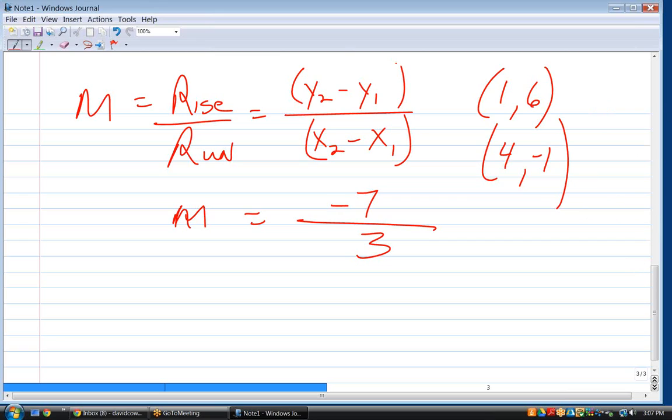So how do I come up with the equation of that line?